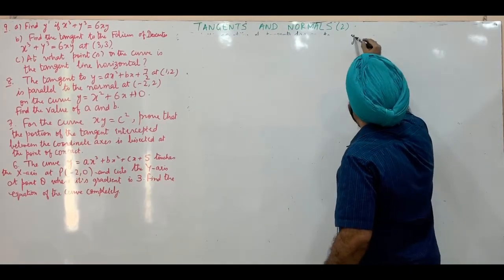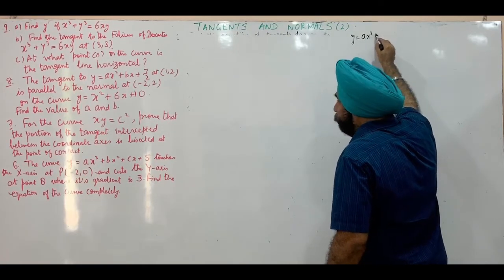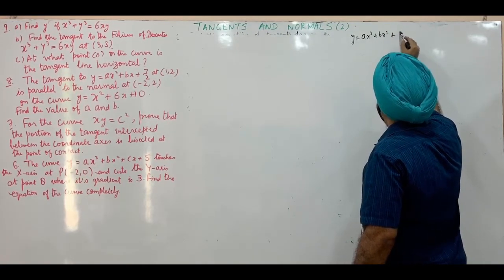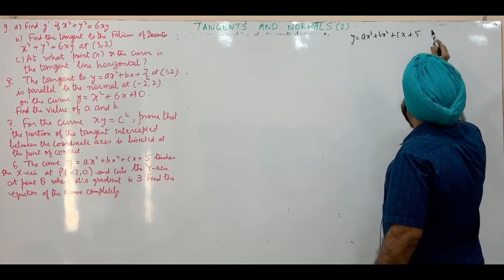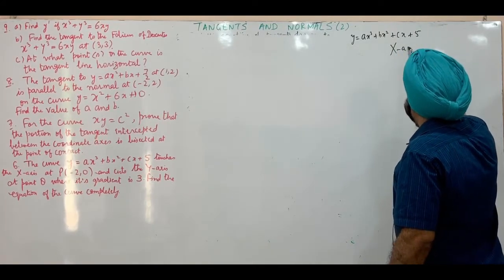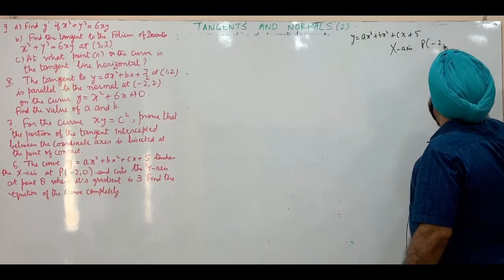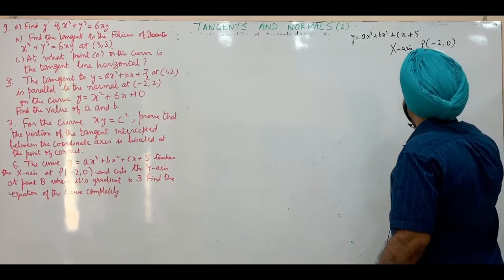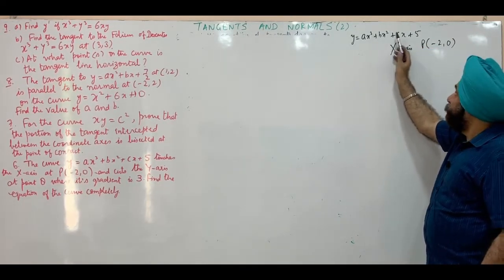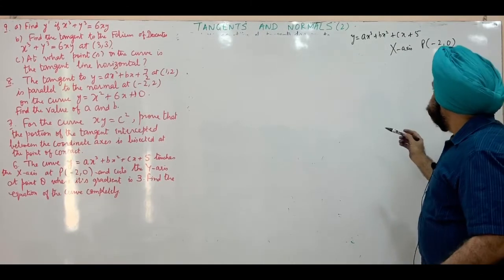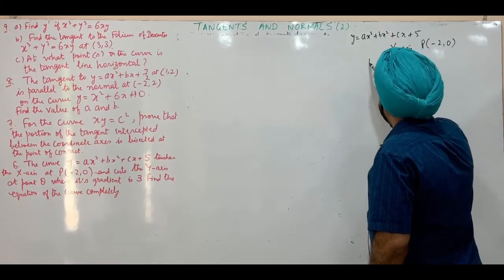Y is equal to ax cube plus bx square plus cx plus 5. It touches the x-axis at point P, minus 2 comma 0. This is a cubic equation, a polynomial, so it must be a continuous function.